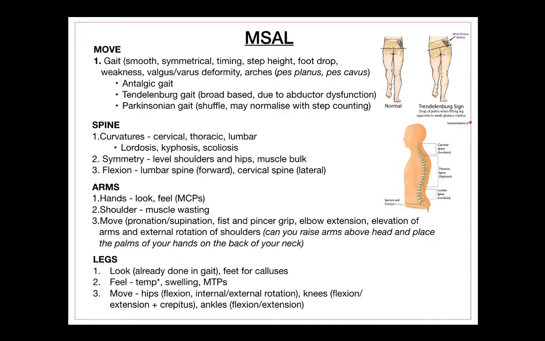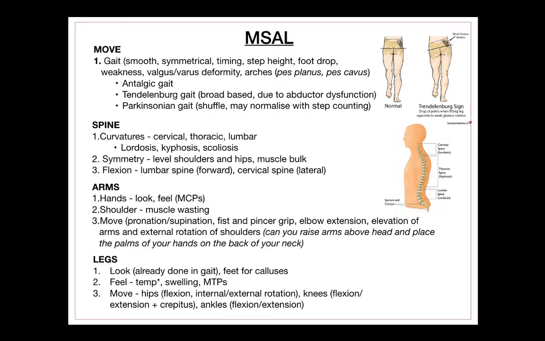And then moving on to the spine. So looking at the curvatures, I think you assess from the posterior side of the patient first, looking at cervical, thoracic, and lumbar curvatures, and if there's any excessive lordosis or kyphosis, and scoliosis, which is your lateral deviation of the spine.